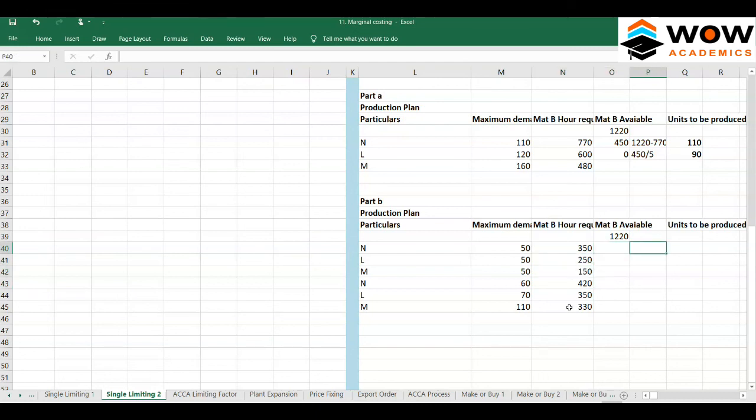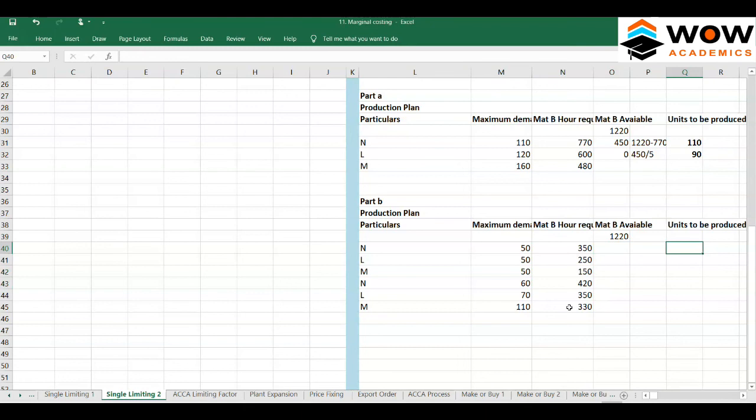So let's start. See, let's see how many we could produce. We can produce 350. 350 plus 250 is 600. 600 plus 150 is 750. So 750 plus 420 gives you 1170. Okay, so we can actually produce all these units.